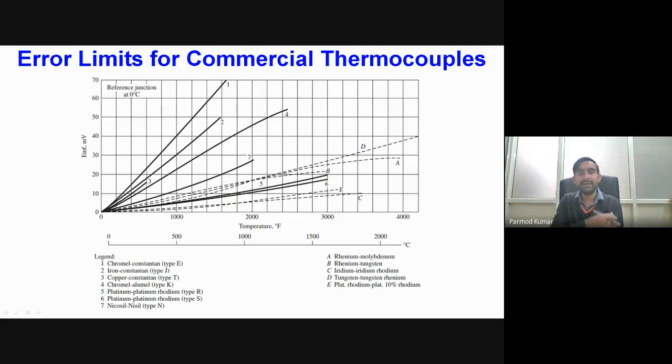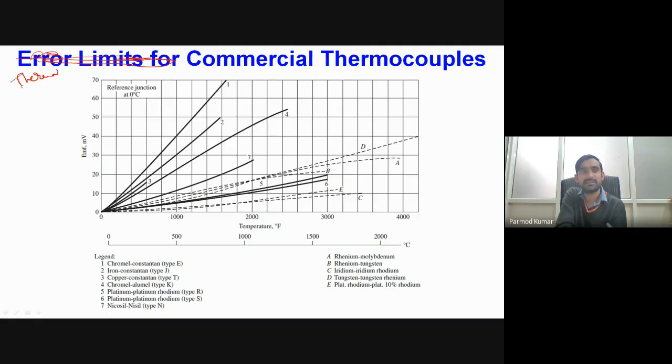Then what I have done over here is once again present the table in graphical format. I think I have missed a particular value over here, so the title of this slide is not correct. It is not error limit, rather it is the thermal EMF.